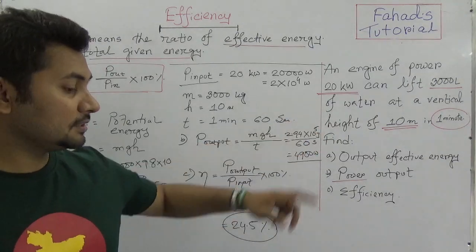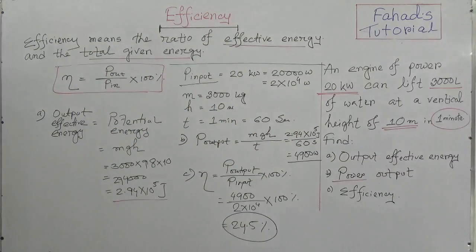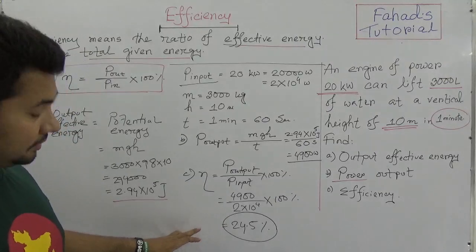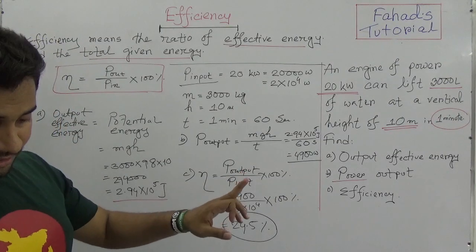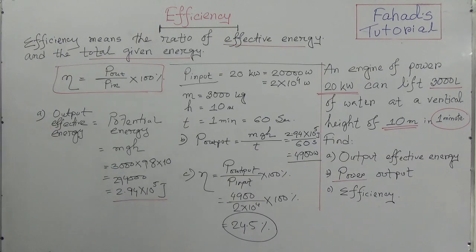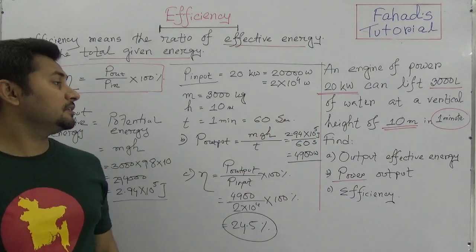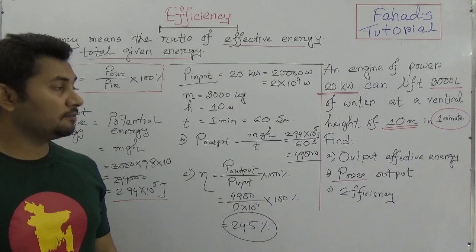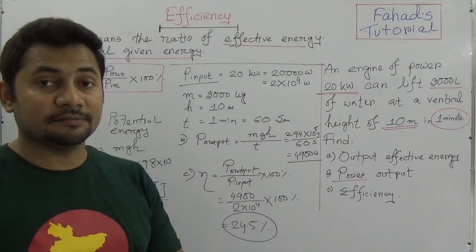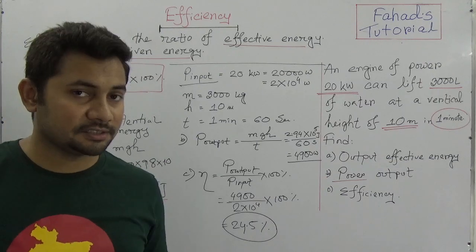So if the given data is 20 kilowatt, of course please think about how we got it in 1 minute. So yes, it's the process of doing the maths, and of course this would be very common in your question paper in case of efficiency, especially for English version students.